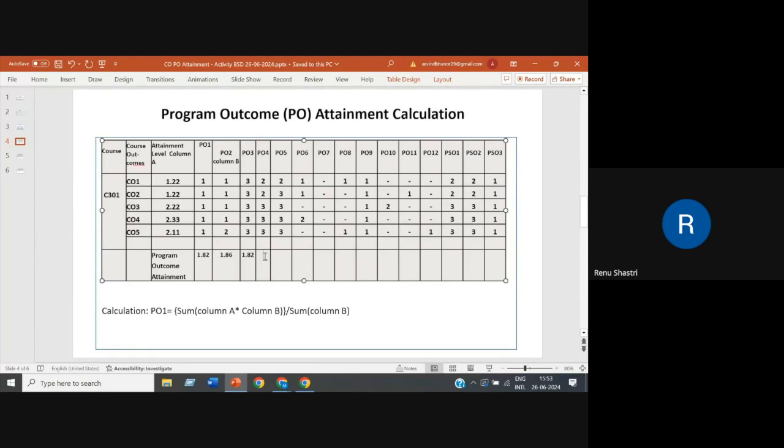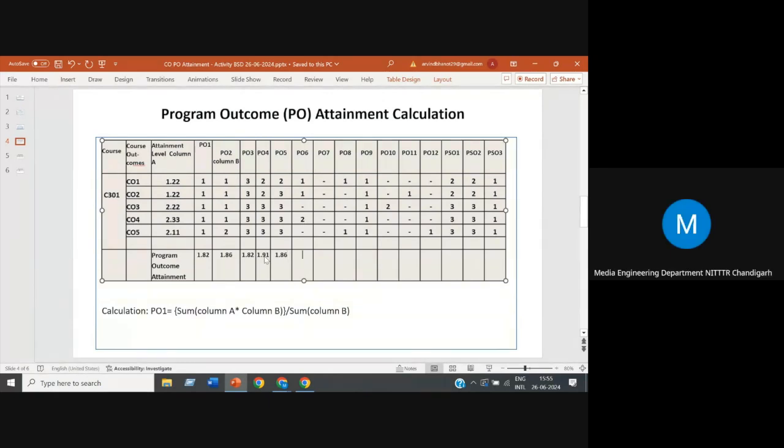Okay. PO4. What is the answer for PO4? 1.91. Okay, 1.91. Right. PO5. 1.86. Okay.